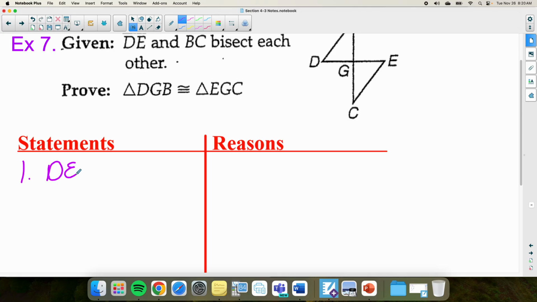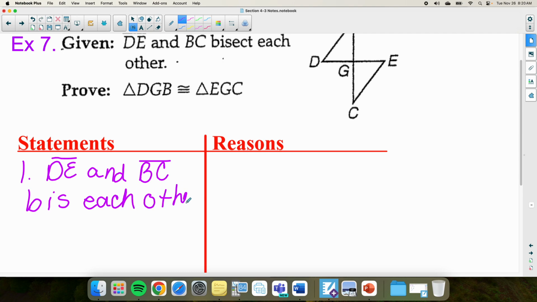So here it says DE and BC bisect, I always just use BIS, each other. And that is given. Okay?